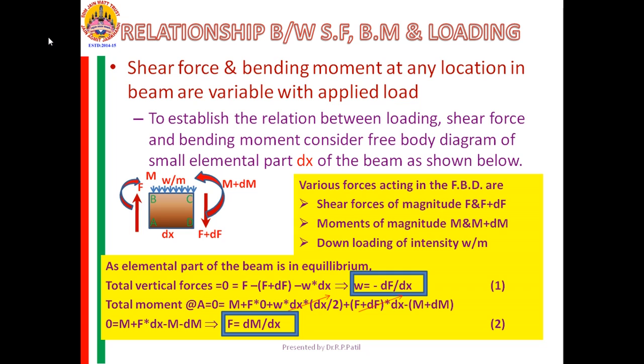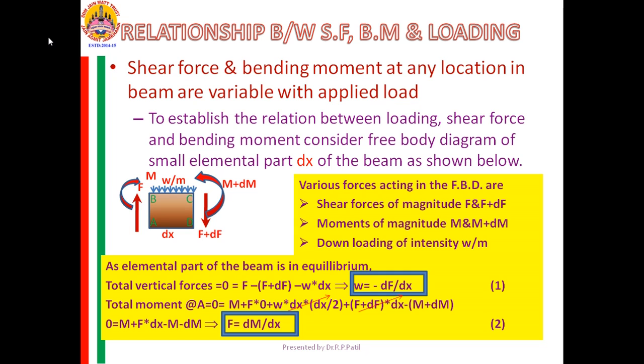Total of moment must be equal to 0. Now, when we come to total of vertical forces equal to 0, here vertical forces are only 3. One is F, one more is F plus dF, one more is the external load W per meter run.